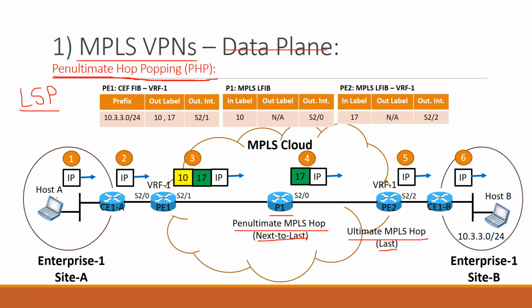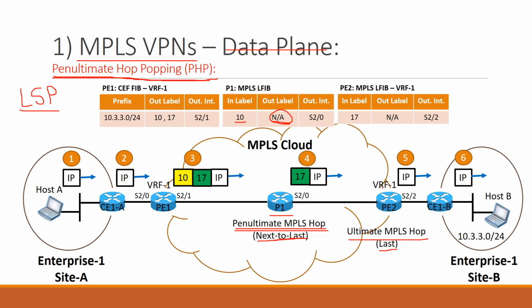So the feature that will be used by MPLS VPN, which is PHP, works like this. When a next to last or penultimate MPLS hop or label switch router receives a labeled packet, it will remove the outer label.